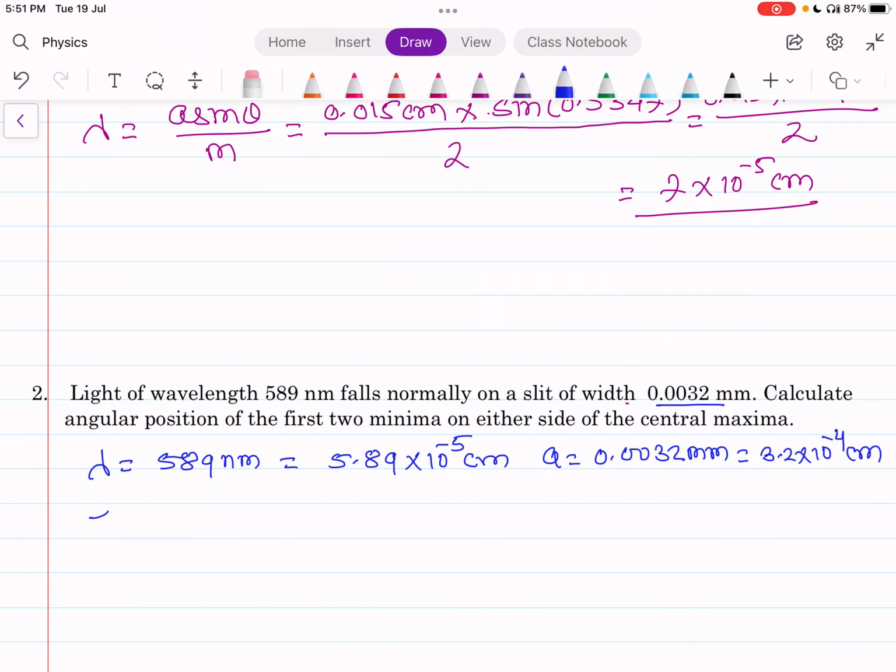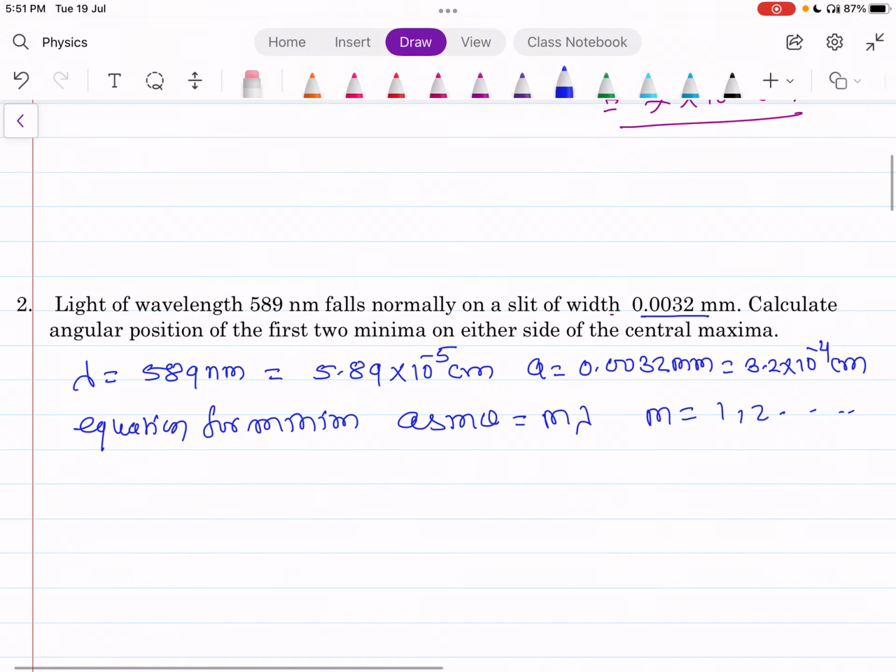And we know the equation for the minima. The equation for minima is a sine theta is equal to m lambda, where m is equal to 1, 2, etc. Now here we are asked to calculate the angular position of the first two minima on either side of the central maxima.